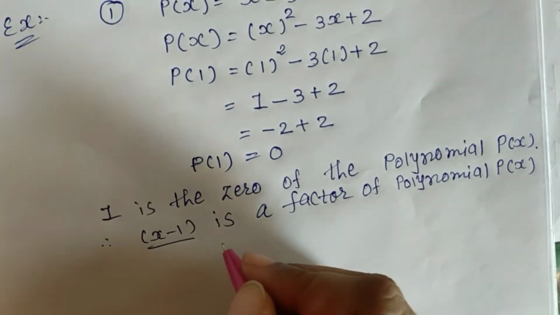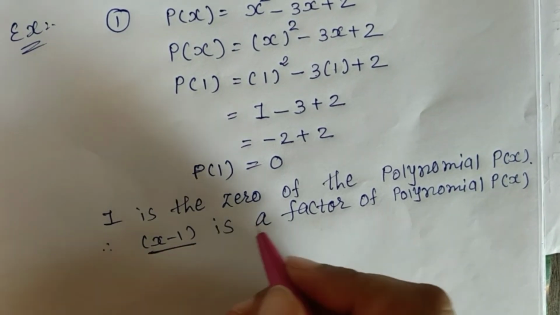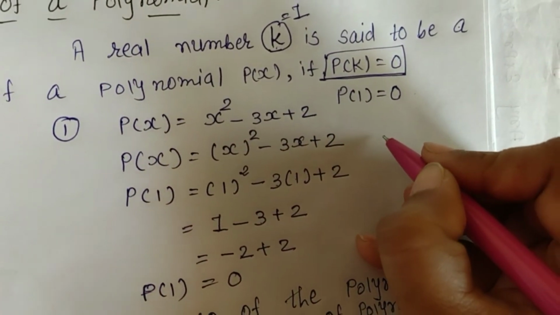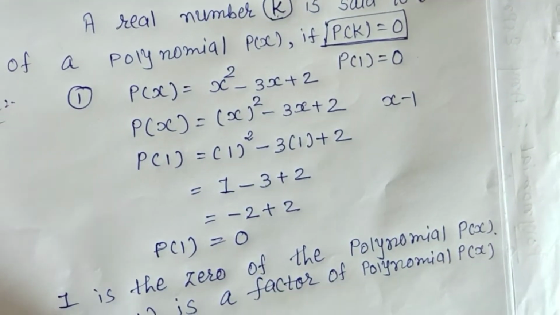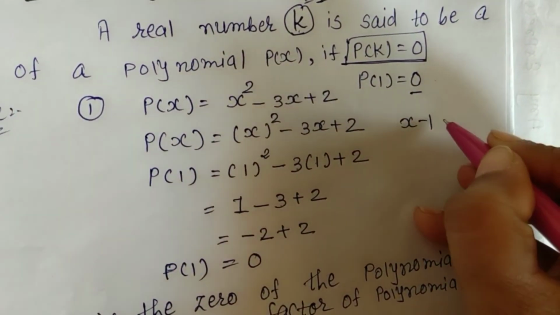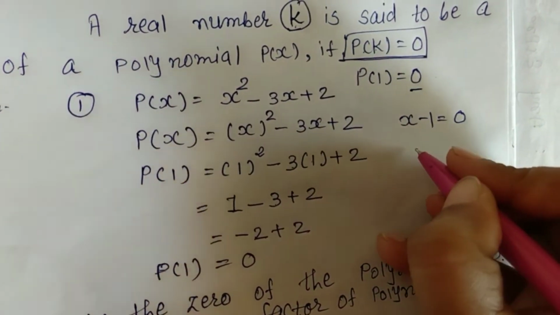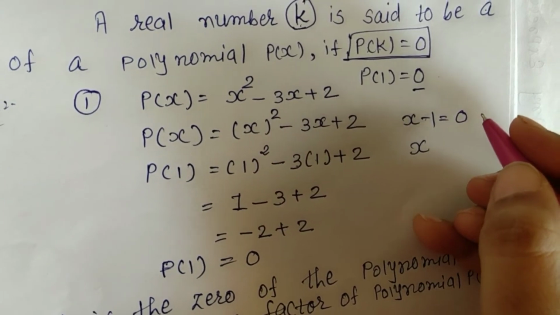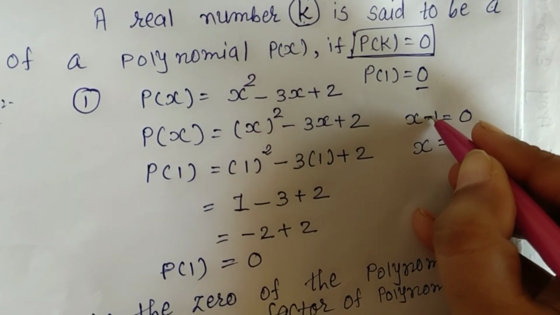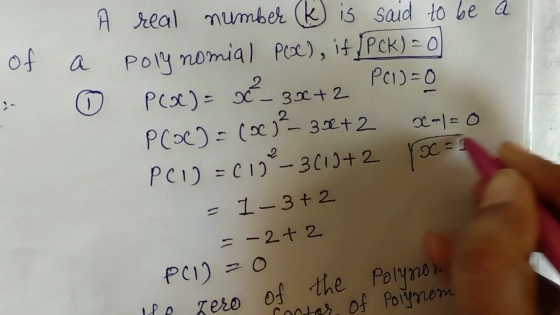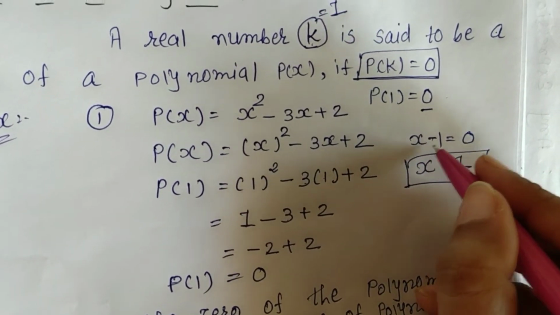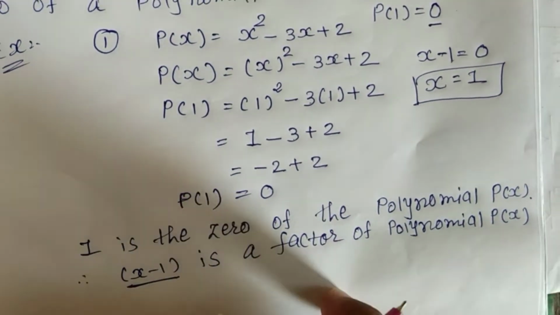Why do we take x minus 1 as a factor here? Because if x minus 1 is a factor, we have to set it equal to 0. X minus 1 is equal to 0. Minus 1 goes to the other side, so plus 1, so x is equal to 1. So in this way we can write x minus 1 is also a factor of the polynomial.